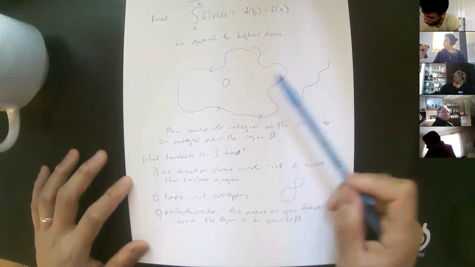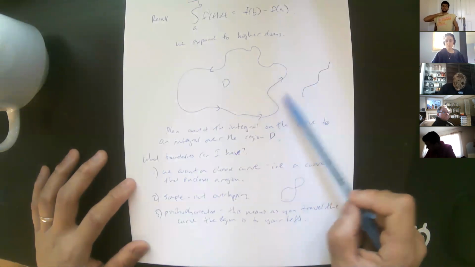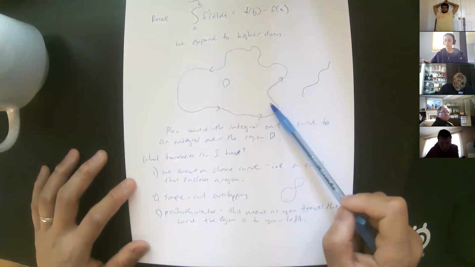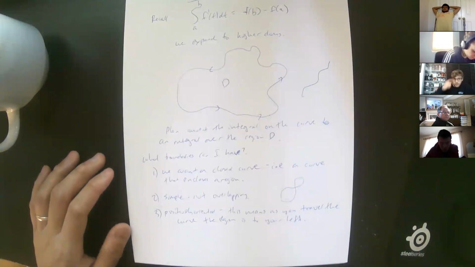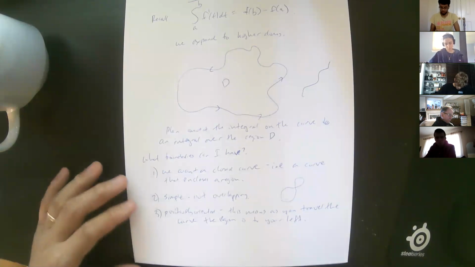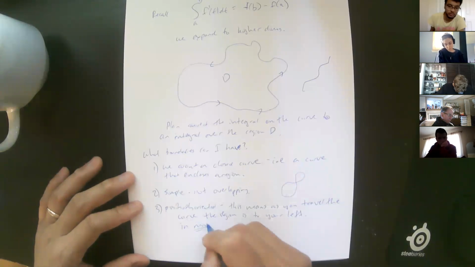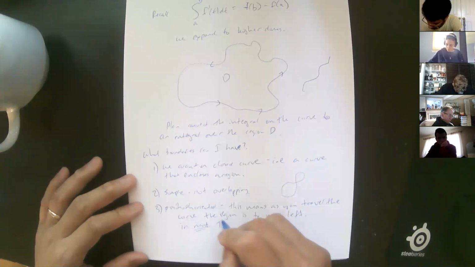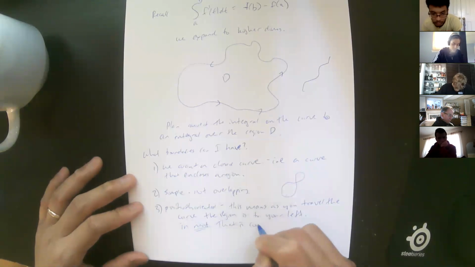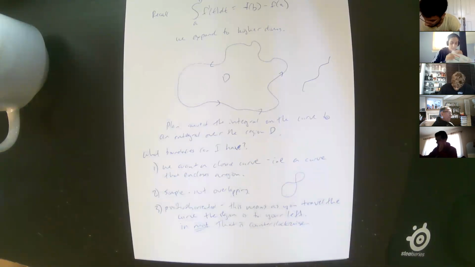Correct? If I was going this way, the region would be to my right. So the positive orientation is the orientation where the region is to your left. Okay. In most cases, I'm going to say most, not technical most, that is counterclockwise. Okay.